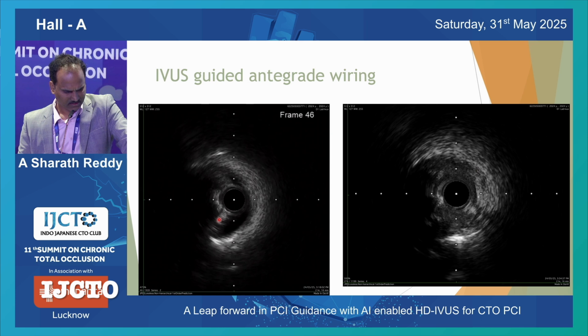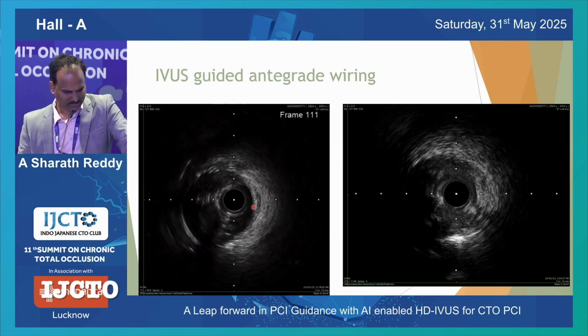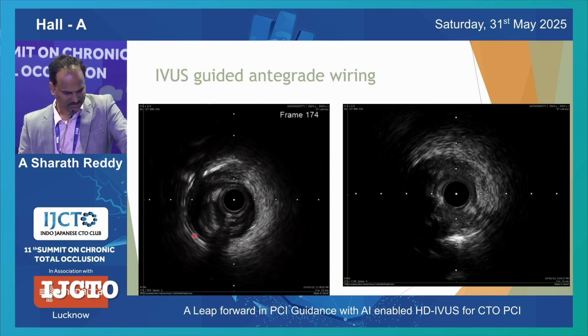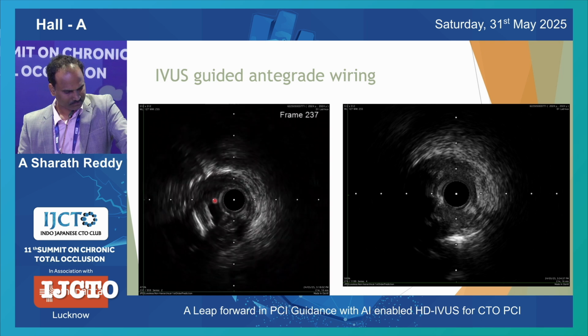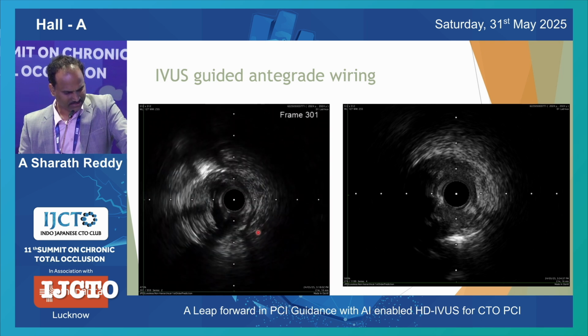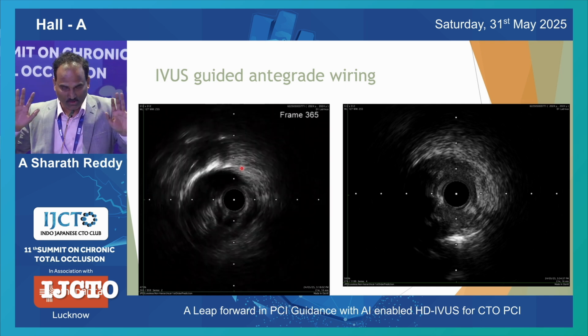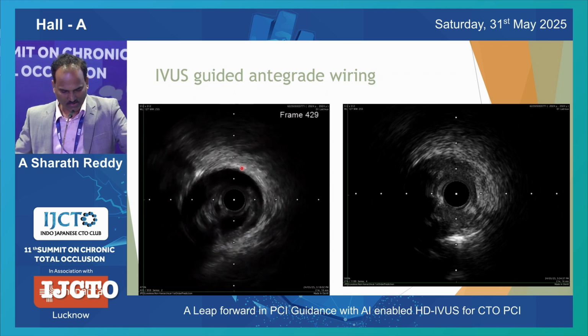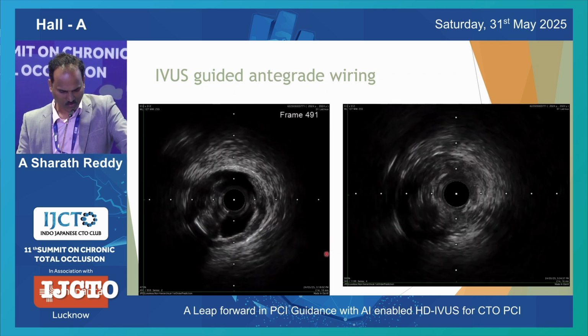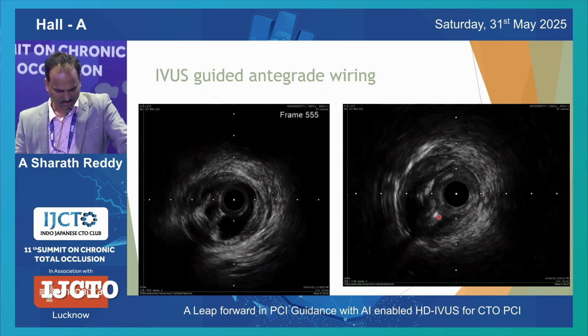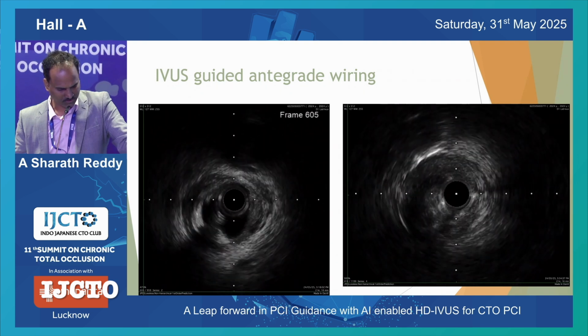And see here, my catheter is in the false lumen, and you can see this is a true lumen. And you can clearly see the media. So your edges are very clear in HD, and you can wire it. Now you can see once I wired, this is a wire which is in the true lumen.